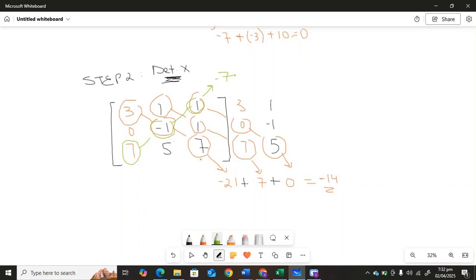Plus 5, there's 5 here, multiplied by 1, multiplied by 3, we get 15.